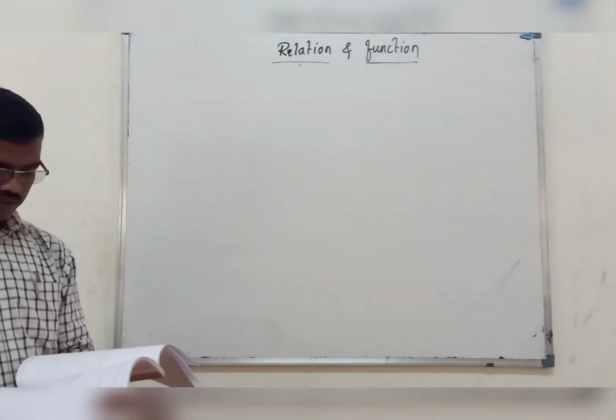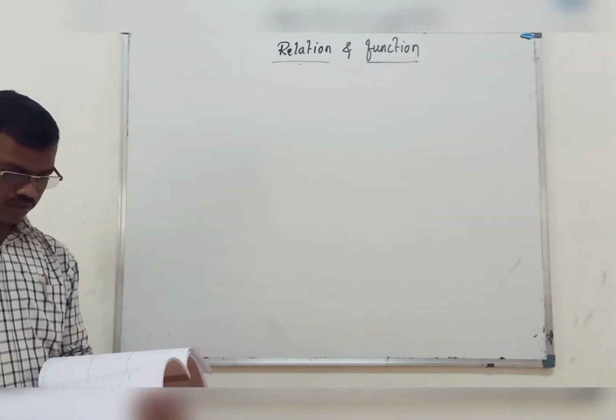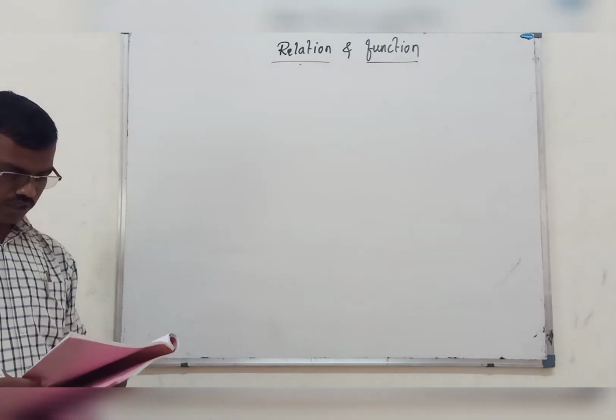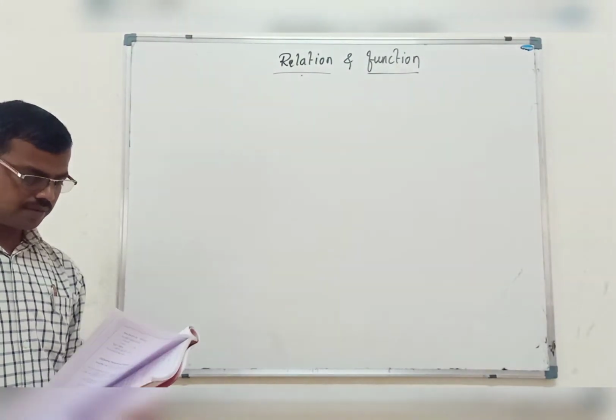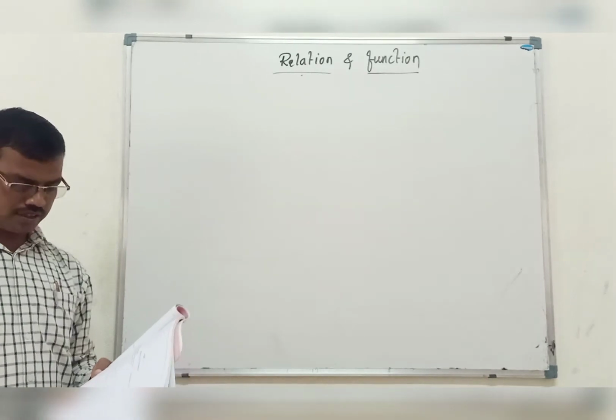Let me move to 3 marks. From this chapter, relation and function, here mostly we will get so many examples regarding relation and function. Relation only we will get for the 3 marks.